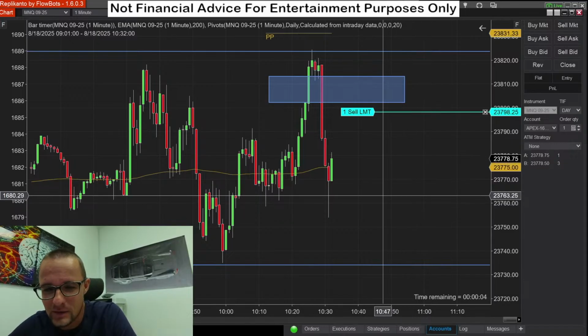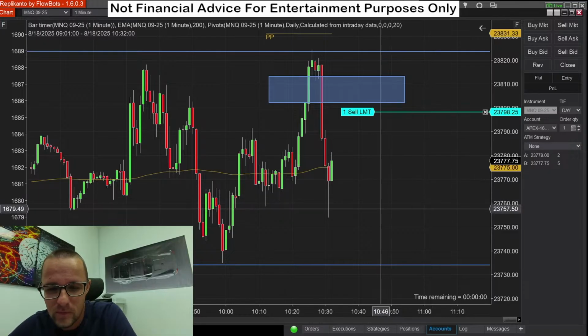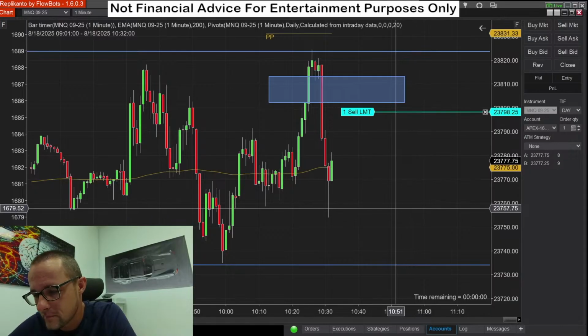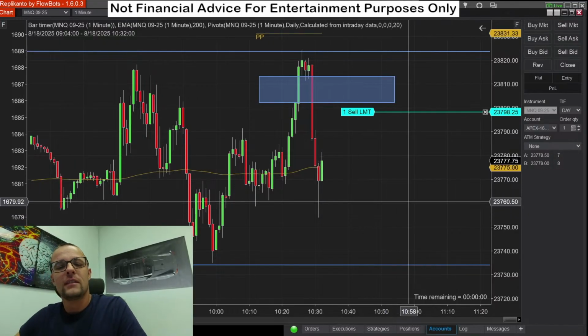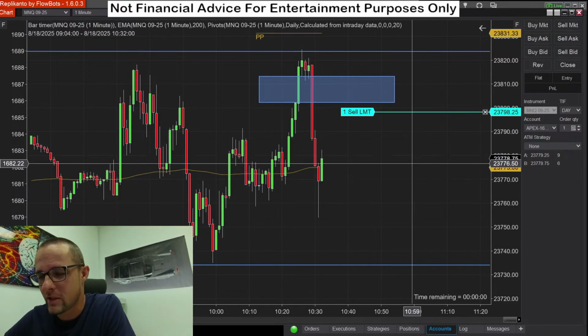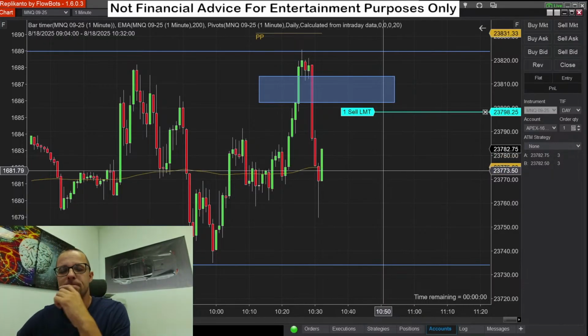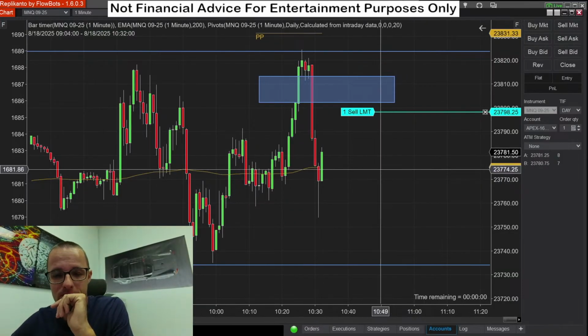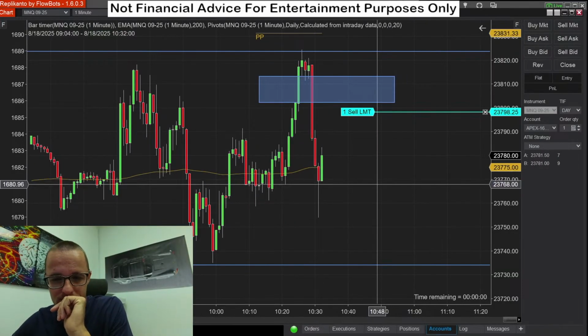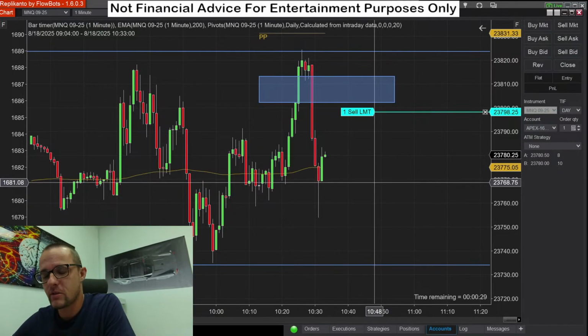Bro, this is wild. Man, I figured it was going to get some kind of a push back up to give me a better entry, and better risk management for the trade, but I guess not. We'll see what happens. Very small size on this trade.